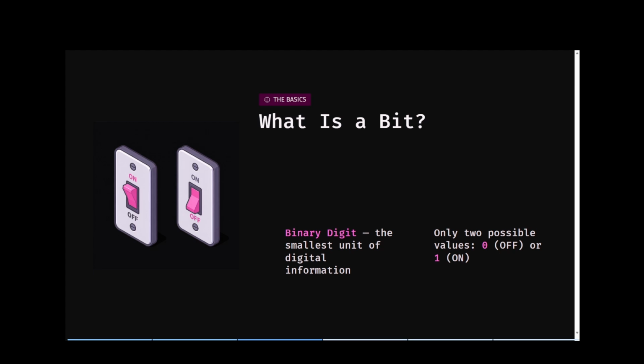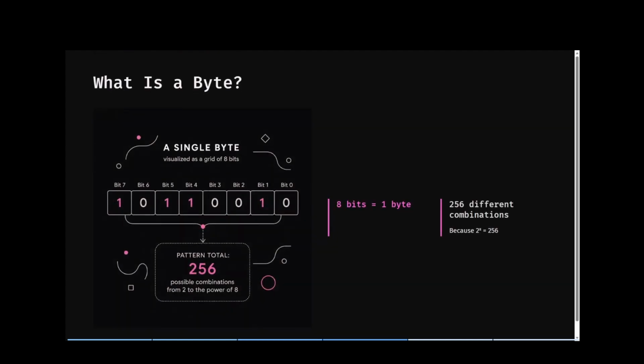But one bit is not enough to represent many things in our computer system or in our phone. So computers combine bits together, and that's where bytes come in. So let's move ahead to a byte. There is an important point to be noted here: 8 bits, starting from the 0th to the 7th bit, make one single byte.